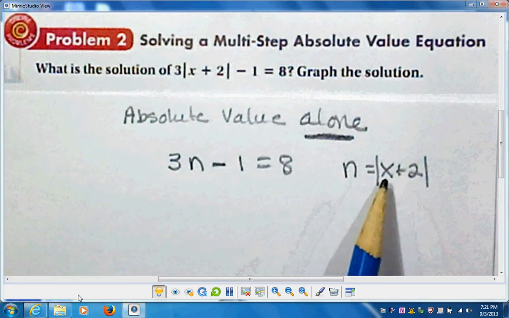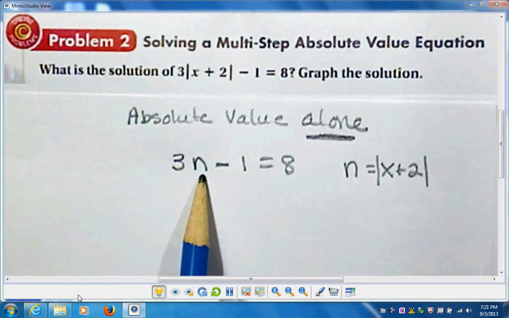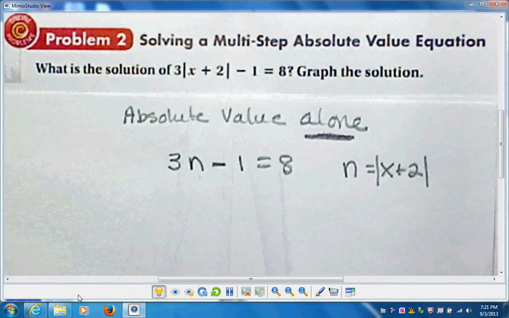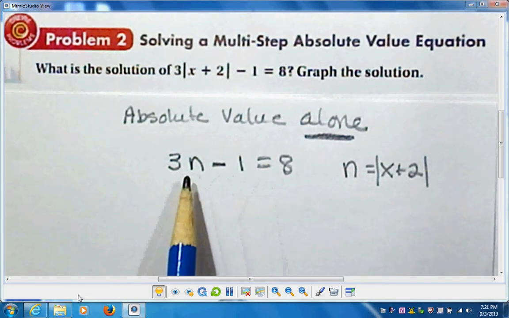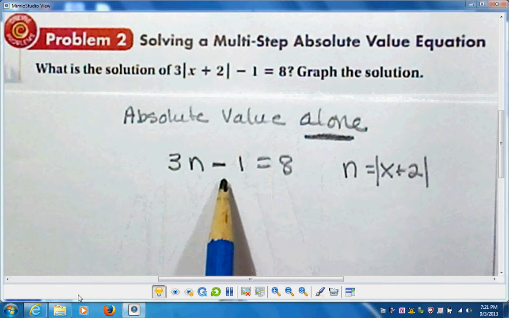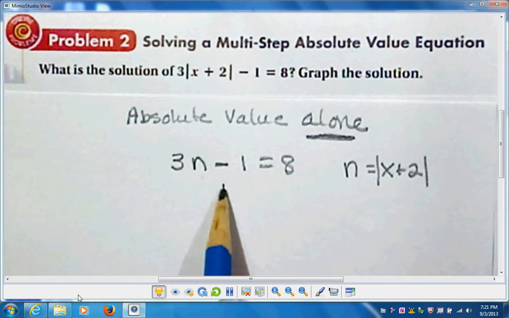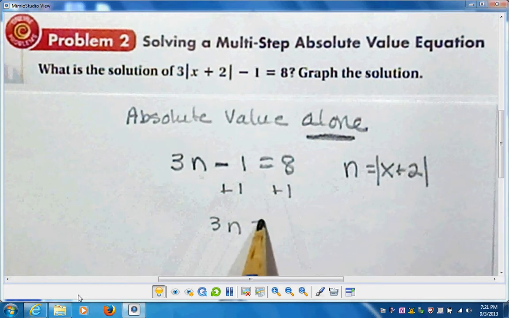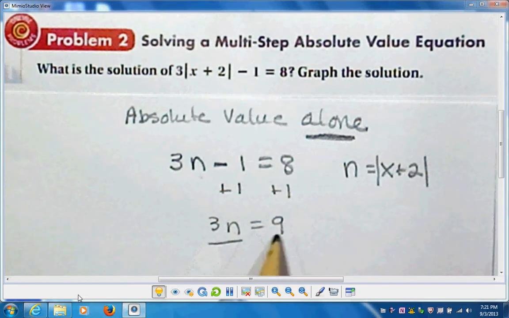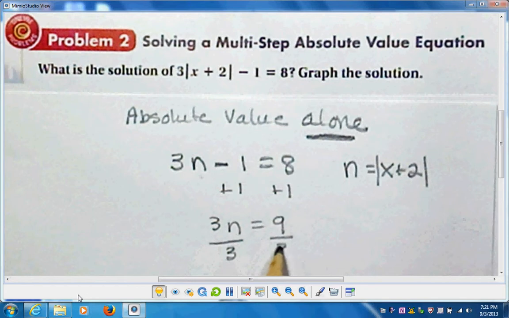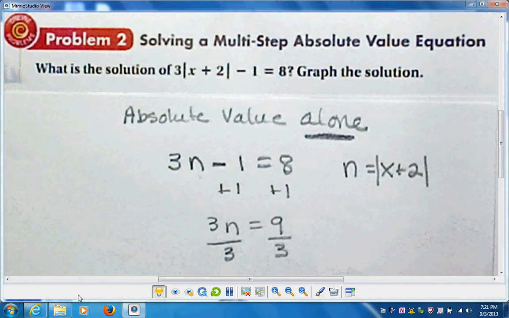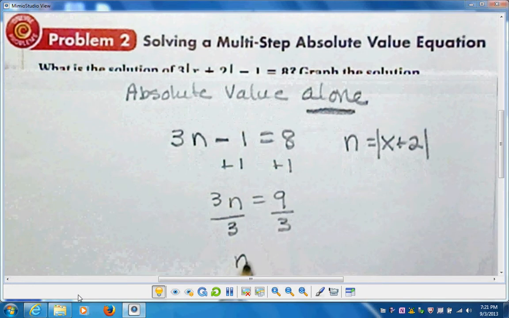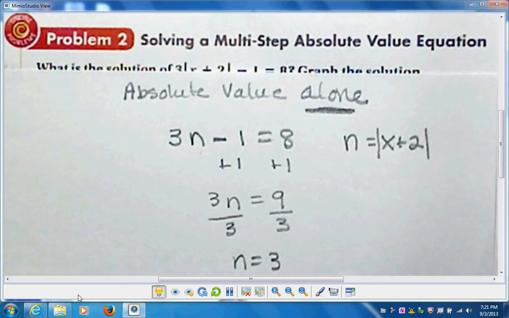So if I were to put x plus 2 in place of n, I get the same exact equation. We know how to do this. We're doing PEMDAS backwards, so we're going to add 1 to each side. So that gives us 3n is equal to 9, and then we divide each side by 3, so then we end up getting n equals 3. Okay, that was easy enough.